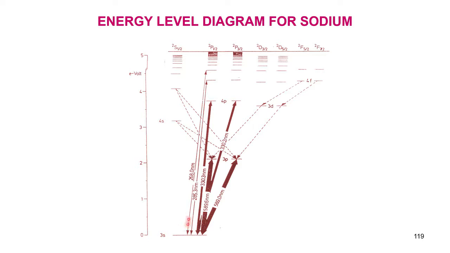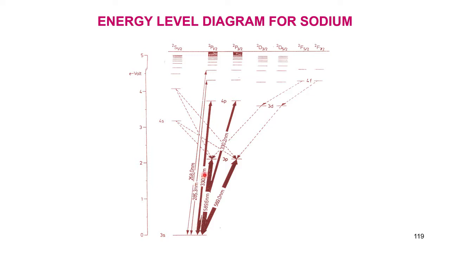If I start giving energy to this, I get different spectra. If the electron goes from 3s to this line, where I supply around 4.5 electron volts, the electron will jump from the ground state to this higher level, and that corresponds to 268.0 nanometers. Similarly, if it goes here, it is 285.3 nanometers.